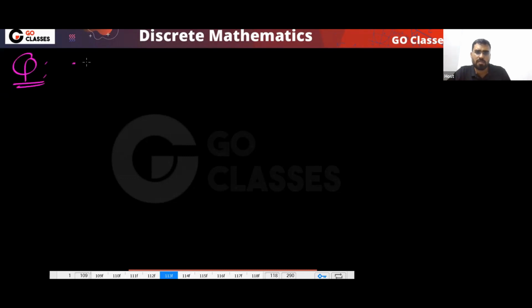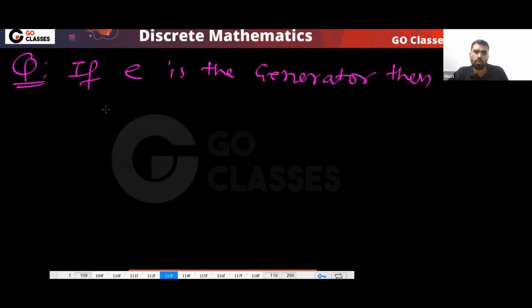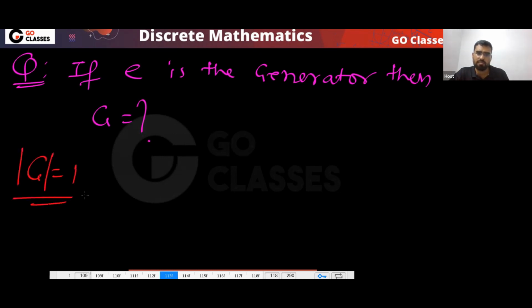This is my question. If the identity element is the generator, then what is the group? If the identity element is the generator, then the order of G will be 1.